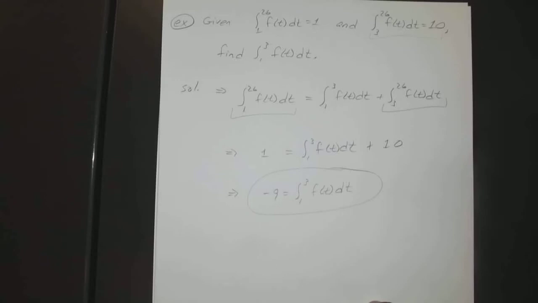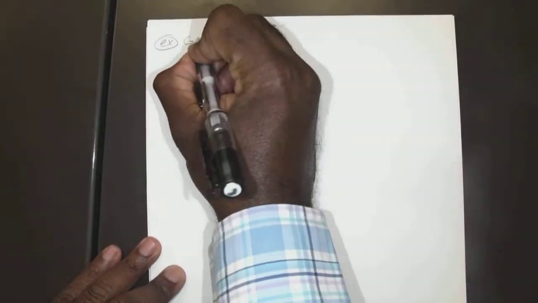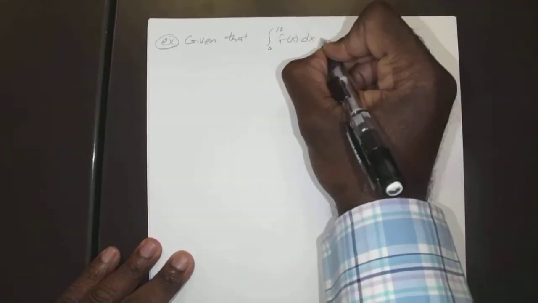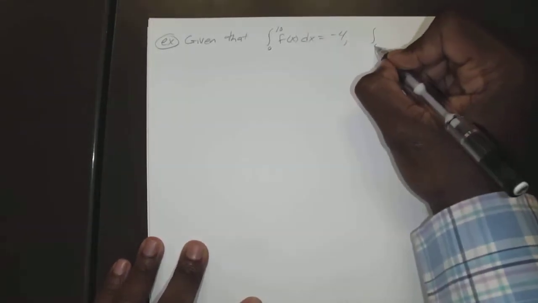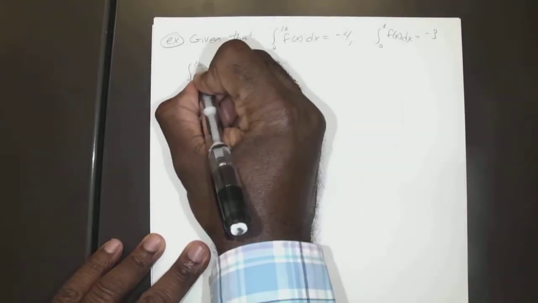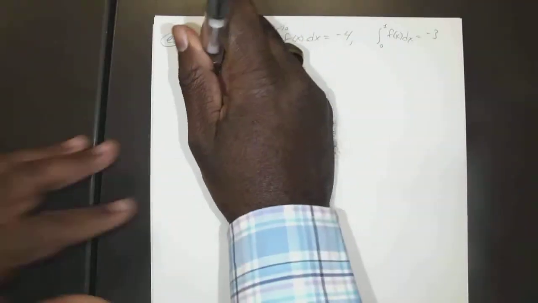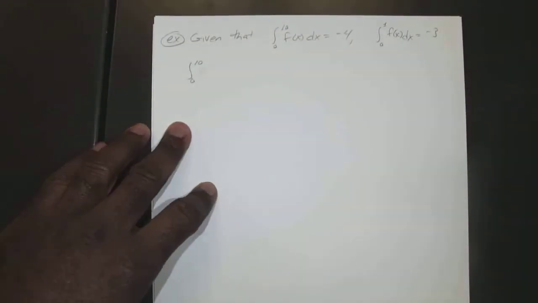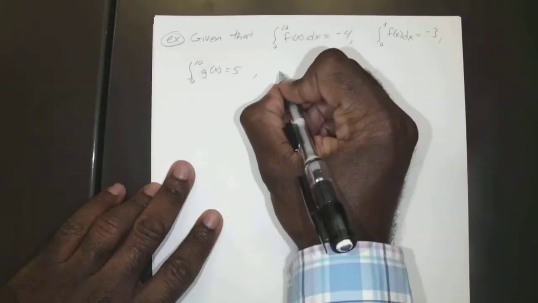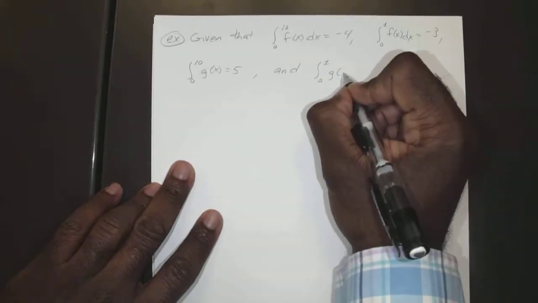All right, so let's do one more. Let's say we're given that the integral from 0 to 10 of f of x with respect to x is equal to negative 4, the integral from 0 to 1 of f of x is equal to negative 3, the integral from 0 to 10 of g of x equals 5, and the integral from 0 to 1 of g of x equals negative 5.